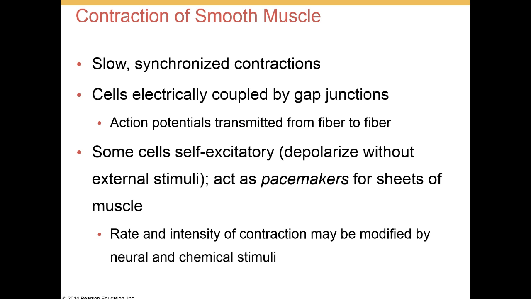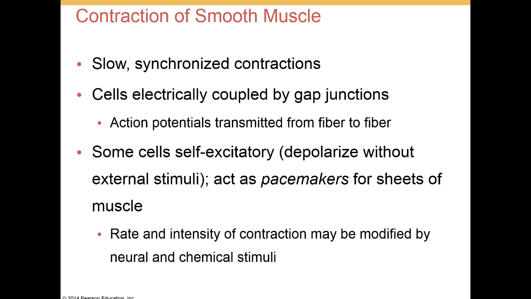So contraction of smooth muscle is usually very slow. Cells could either be energized by the nervous system directly to cause them to contract, but many smooth muscle cells are connected together by gap junctions. So this will transmit an action potential from one smooth muscle cell to the next smooth muscle cell.